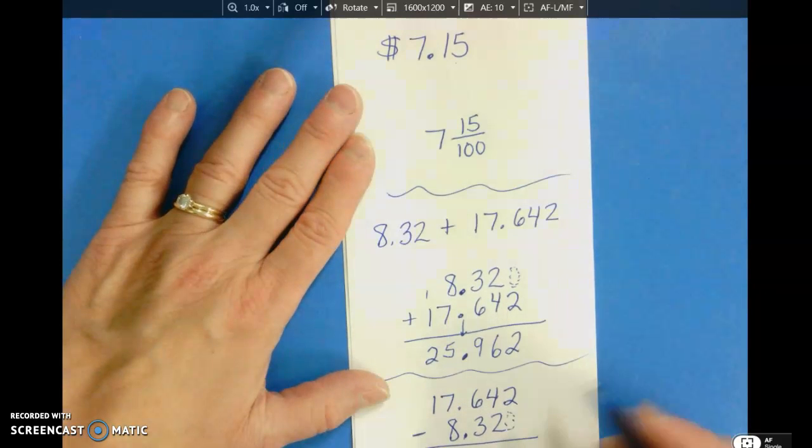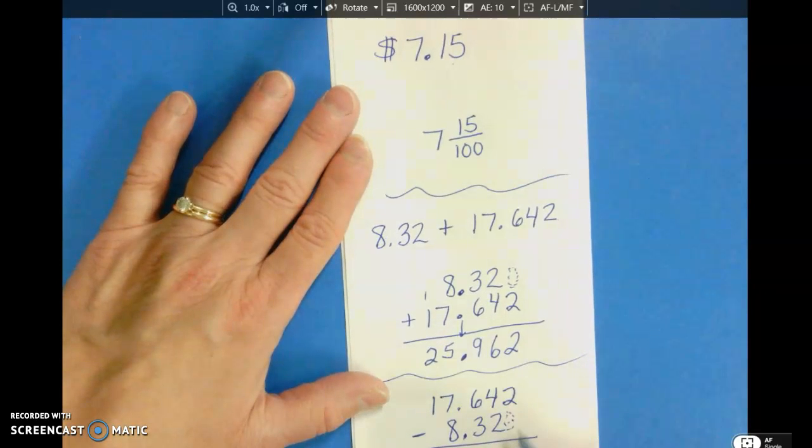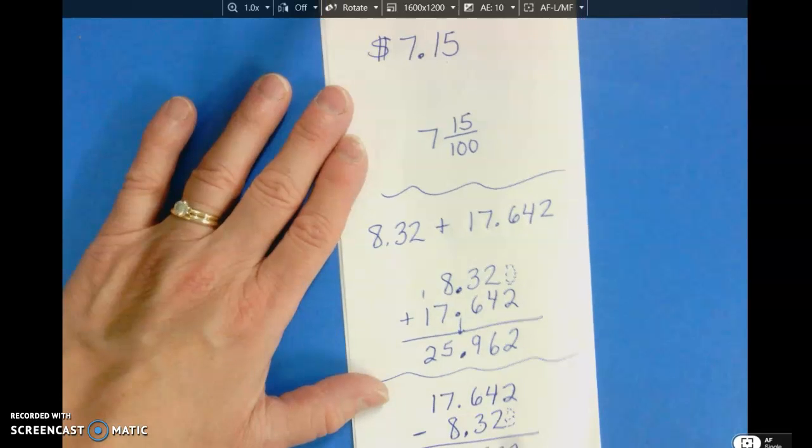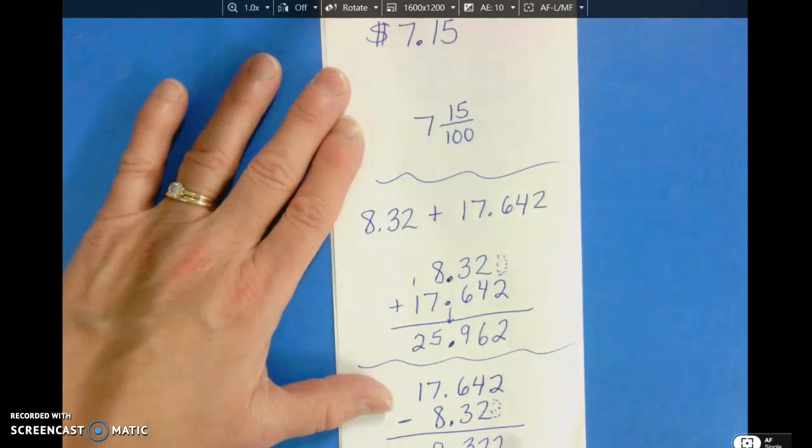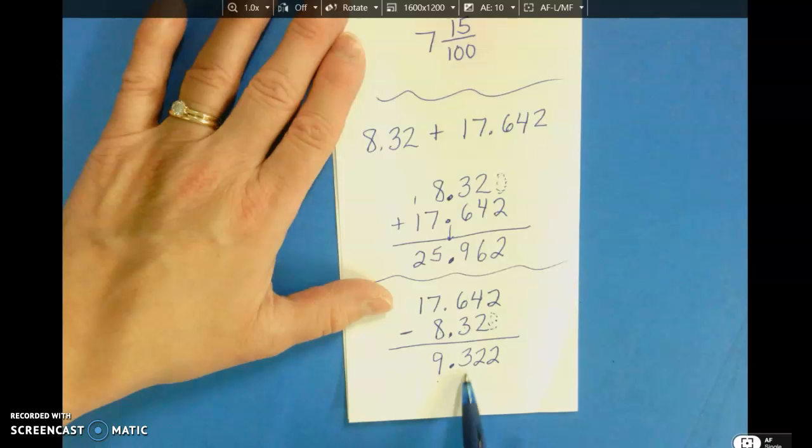Now we're subtracting. 2 take away 0 is 2. 4 take away 2 is 2. 6 minus 3 is 3. Put the decimal in. 7 take away 8 you can't do. You can regroup, but it's pretty much right here for you. 17 minus 8 is 9. My difference of these two decimal numbers is 9 322 thousandths.